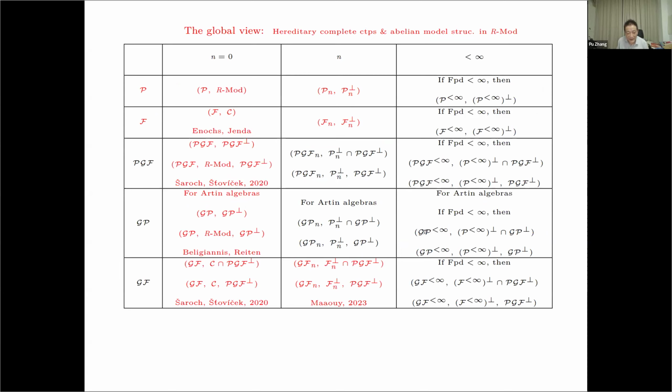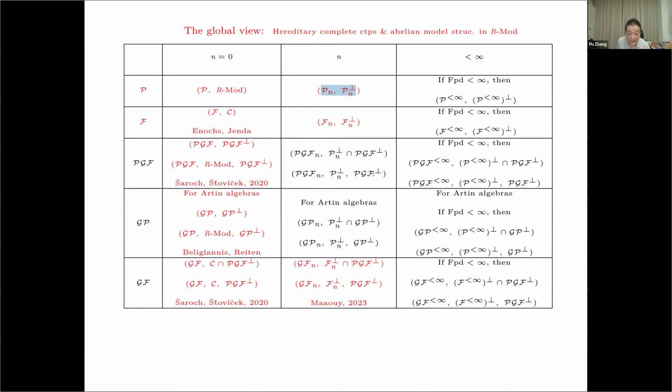In this, okay, if you see here, this is an exact model structure. If this intersect this, this intersect this, this is just P. So this is a cotorsion pair, hereditary and complete.